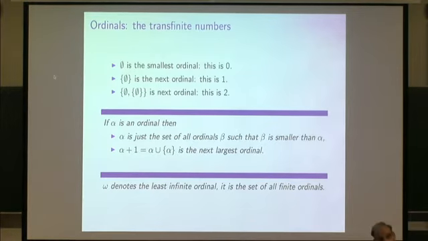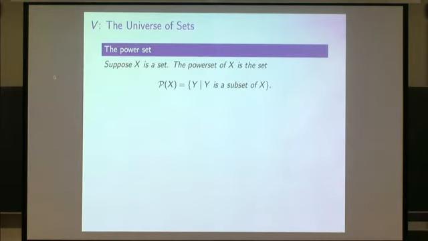Now, ordinals can be added. Subtraction is a bit dicey, but they're in some sense a nice generalization of the counting numbers. The important thing is that they stratify the universe of sets, and the universe of sets is where we look at infinity. So we need an operation, that's the power set operation.